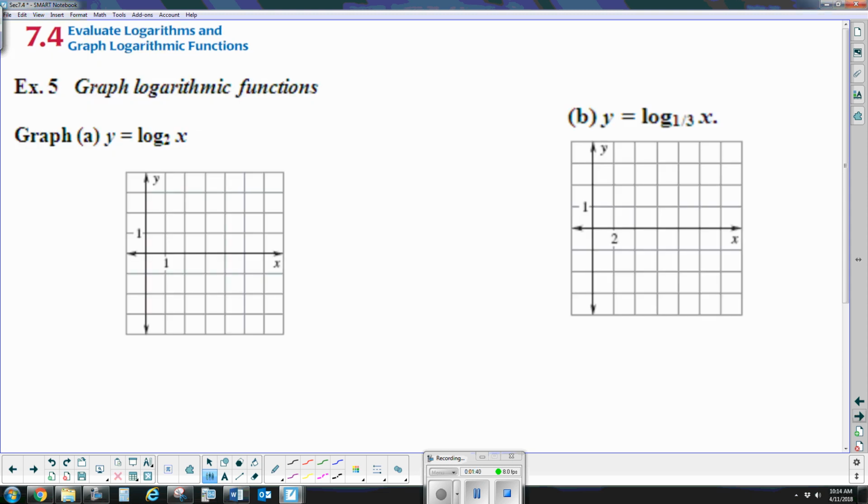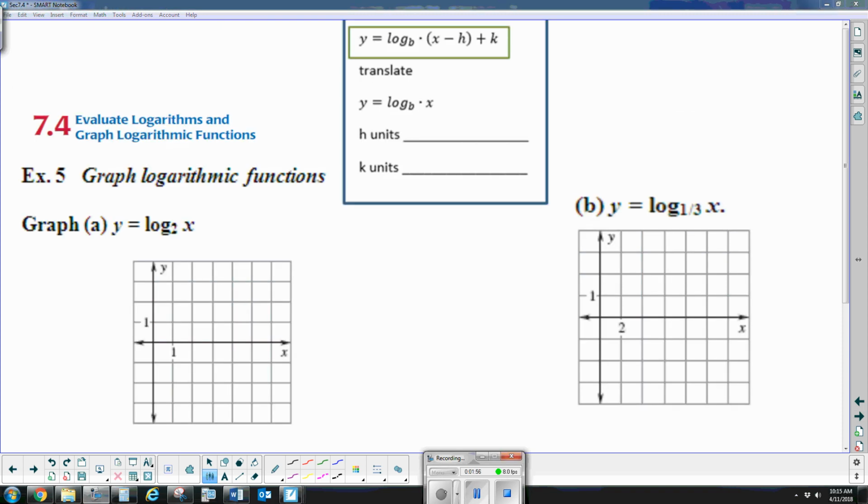So when we're graphing logarithmic functions, a couple things that you should note is that you want to pick points that are convenient to plot. And then secondly, you want to pay attention to where your asymptote is. So if you remember in exponential functions, in a function like y equals a times b to the x power, our asymptote was horizontal.